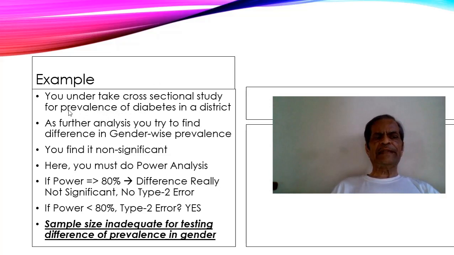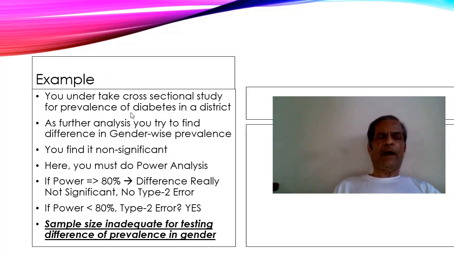So we select the requisite number of persons in that age group who are eligible, and we find out the prevalence of diabetes in those individuals, say 4% or 5%.